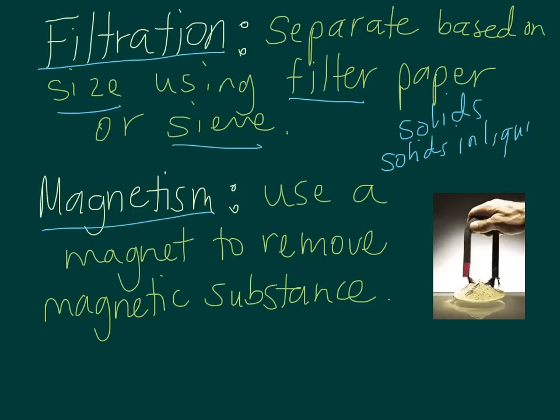Okay, the next example is magnetism. Very simple concept as well. You just use a magnet to remove the magnetic substance. So in this image here, you have sand mixed with probably iron or some sort of metal, and the magnet will just remove the metal and leave the sand left over.